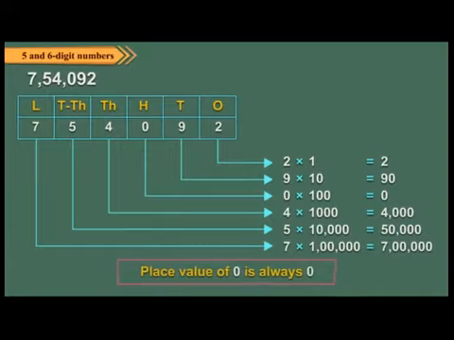Remember, place value of 0 is always 0, regardless of its position in the number.